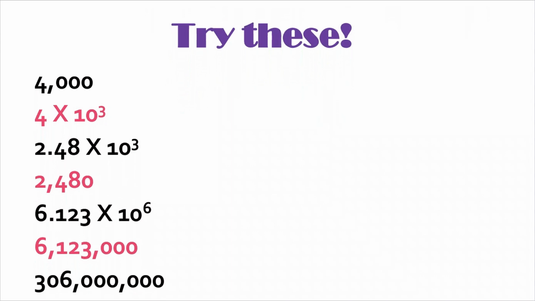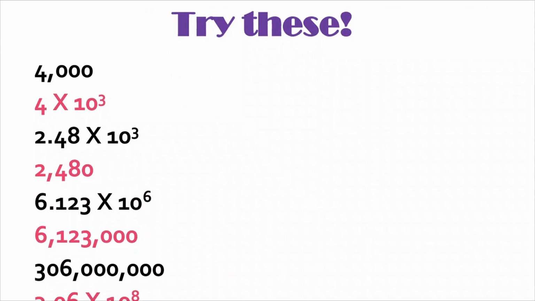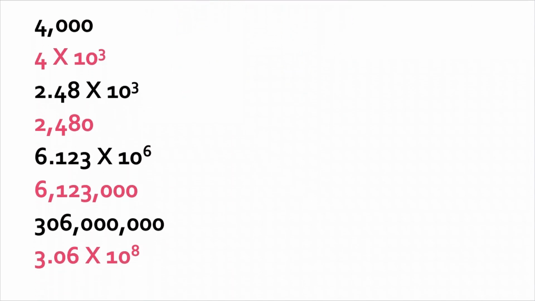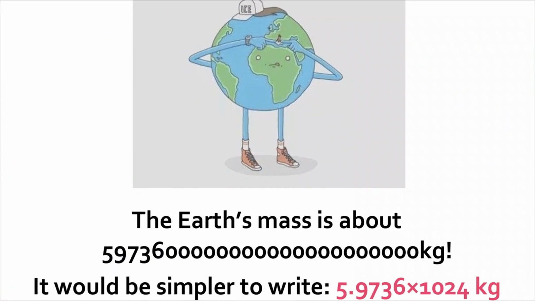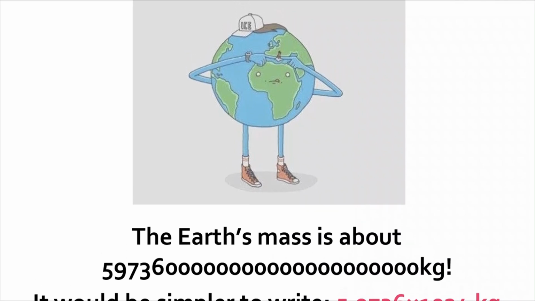Now you have to change it into scientific notation. Place a decimal after 3 and count all digits. So it should be 3 decimal 06 times 10 raised to the power, yes, you're right, 8. So this is scientific notation. Remember that. I'm giving you really big numbers.